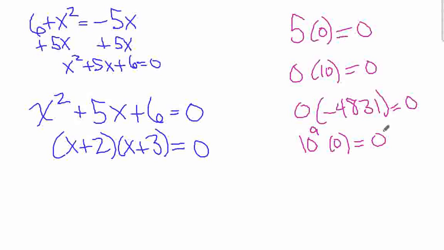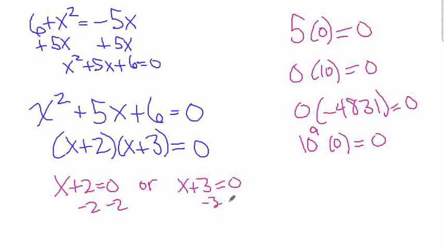Okay, we're going to use that when we solve the blue factored quadratic. The only way that that product could be 0 is if one or both of those binomials, those blobs, are 0. So either x plus 2 is equal to 0 or x plus 3 is equal to 0. Okay, so let's go ahead and solve both of these.